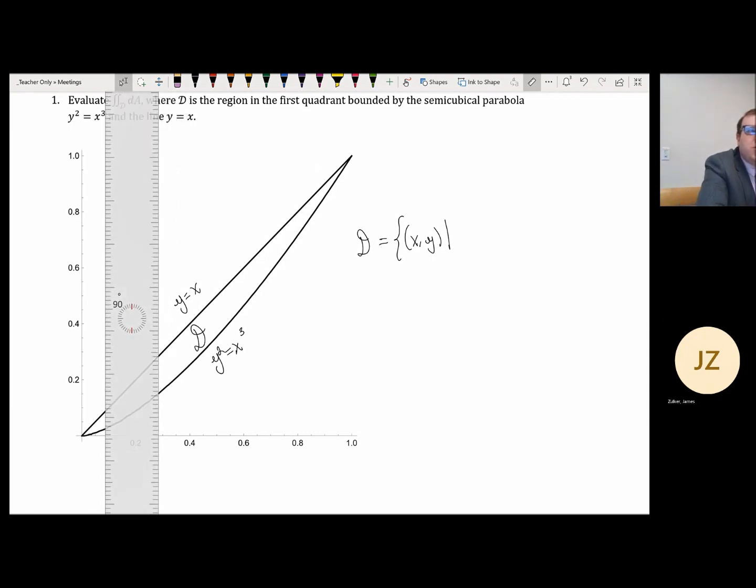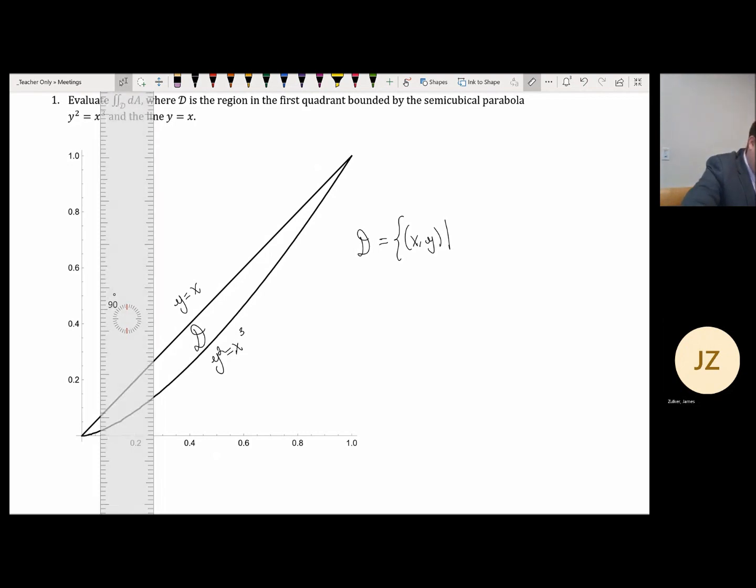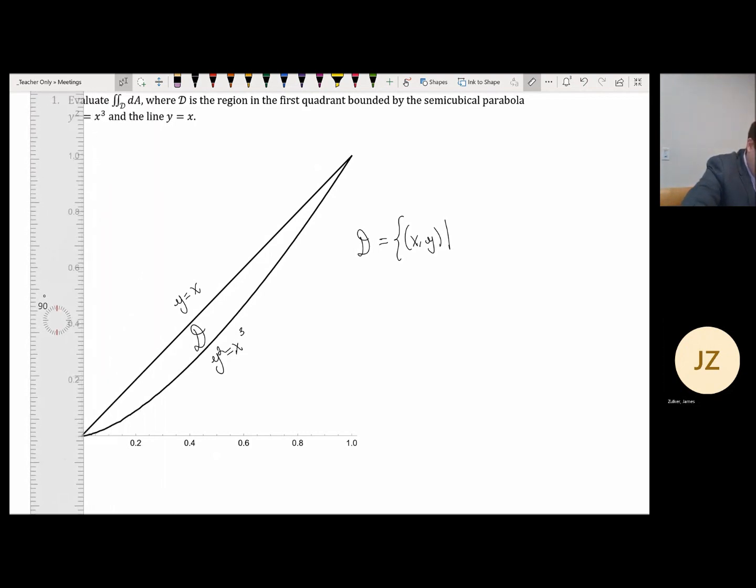So again, you draw an imaginary bar. We're going to slide it horizontally. As we slide it horizontally, what is the interval it covers? I'm not looking vertical, I'm looking horizontal.